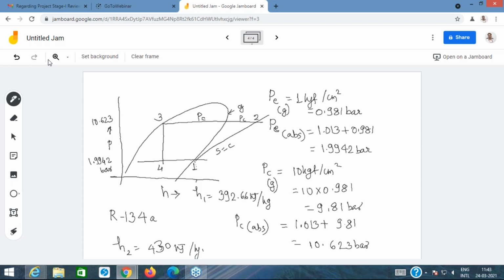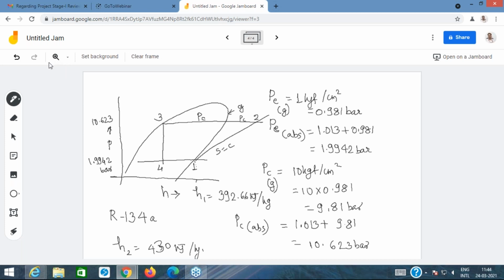Okay. Now how do you find the specific compressor work? Finding the specific compressor work means you need to subtract H2 minus H1. We'll come to that later, but let us figure out how much is H3.